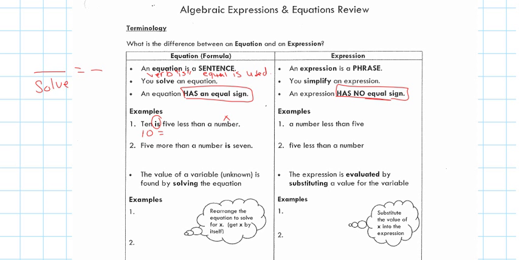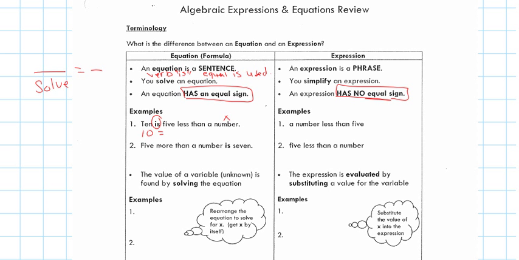So let's think about something. If I give you the number 20, what's 5 less than 20? Fifteen, right? So what did you do? You took the 20 and you took away 5 from it. What's 5 less than 50? Forty-five, right?